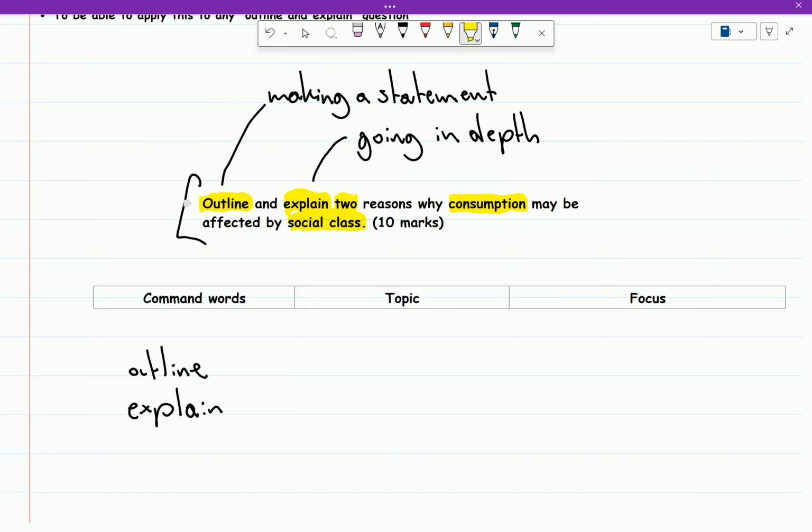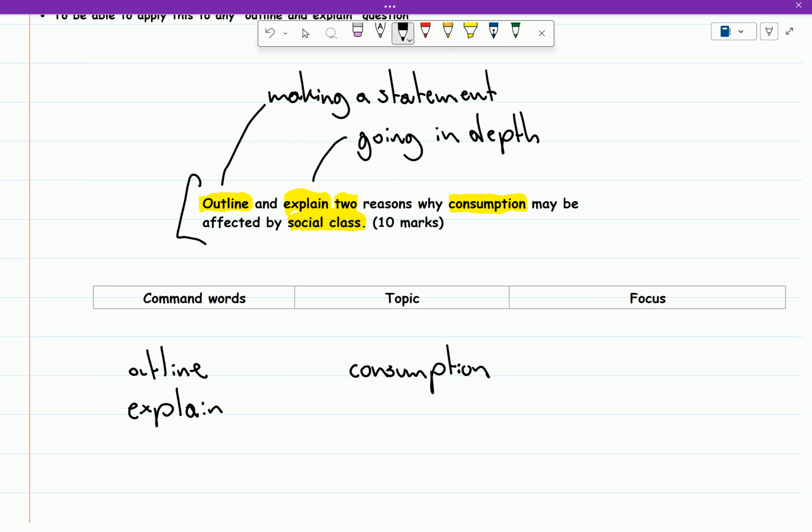But for the sake of this question, we need to consider which one is a topic and which one is a focus. The consumption itself, and you could argue that both affect each other, but for the sake of this question, to keep it simple, I want us to consider that consumption is the topic, and I'll explain why. Consumption by itself, I guess, is very static.